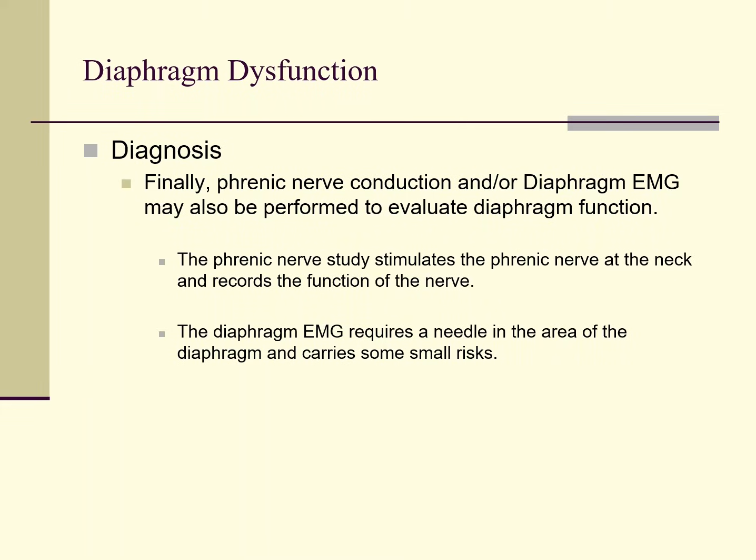Now, this is usually painful, but it's the less invasive of the two procedures. The other procedure is diaphragm EMG, which again, we shock the neck, but this time we put needles where we believe the diaphragm is into the actual diaphragm. Again, this is a slightly more accurate way of measuring diaphragm function, but it does carry a small risk when you're sticking a needle into someone's body, obviously.